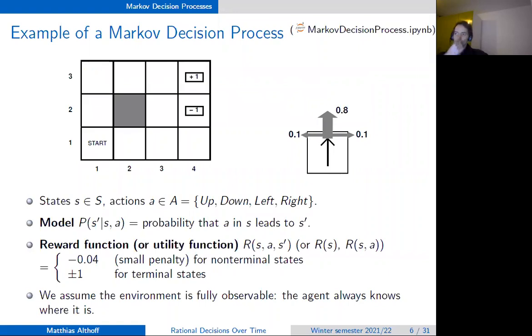Given this problem, why can I not just use, let's say, A-star search or breadth first search to find an optimal sequence of inputs or actions? Why is it not working for this example? I mean, it looks like it would still work.